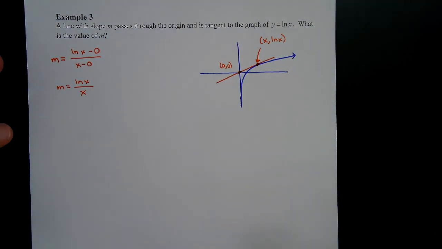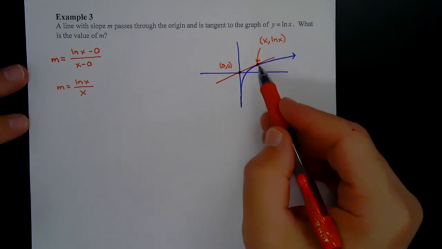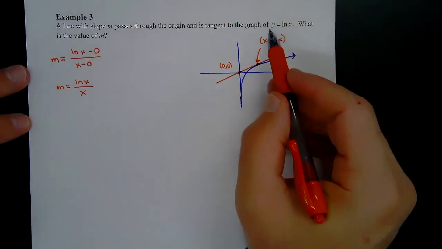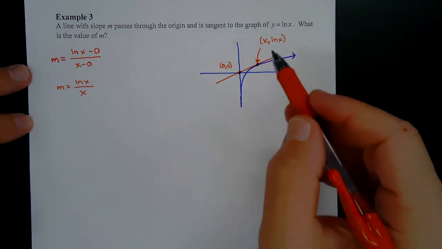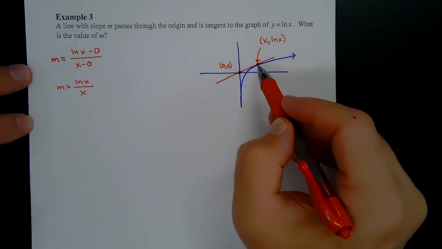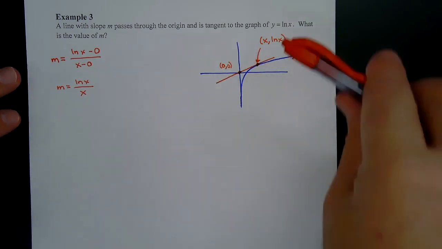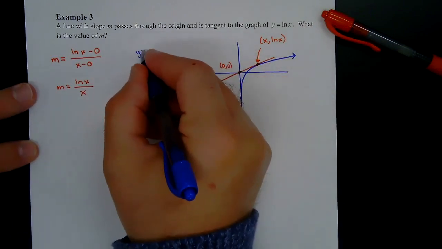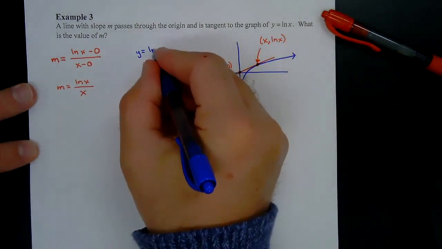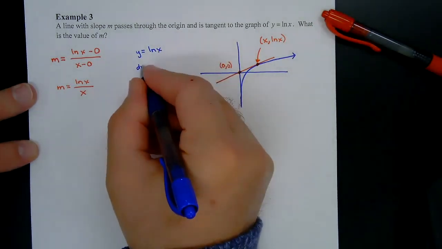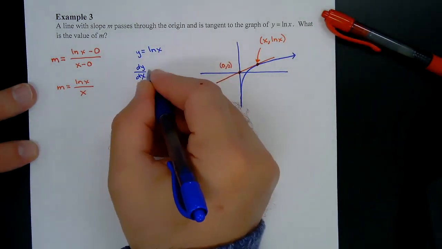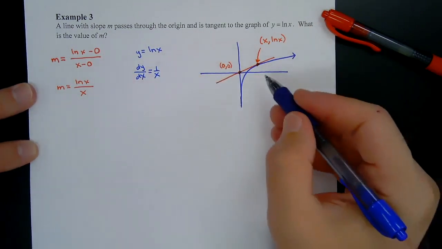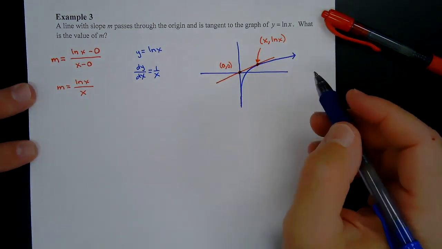All right, what else do we know? Okay, we also know that this line is tangent to this, right? So I know the m can also be found by taking the derivative at this point. Now we just don't know what that point is, right? So we know that y equals ln of x. So then dy over dx has to be 1 over x, with x being greater than 0, but that's the case here because it's on the graph, okay?